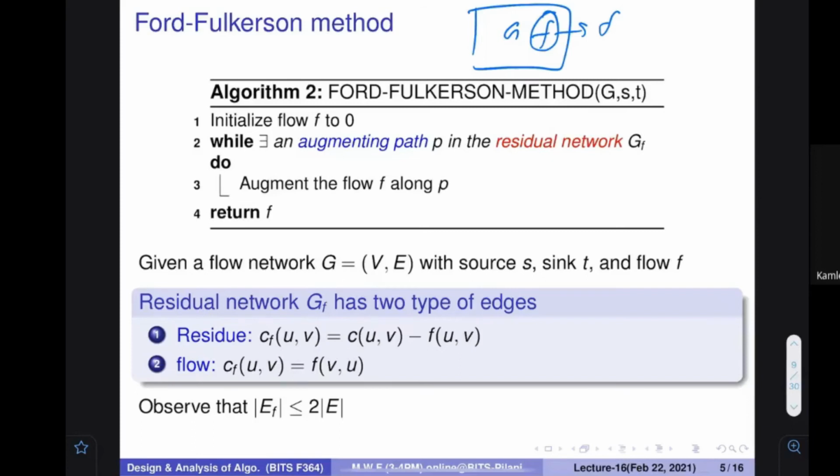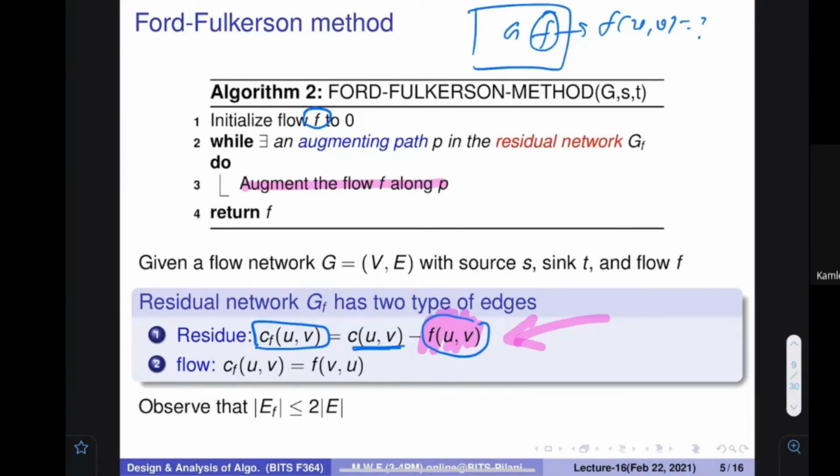If the flow is defined and you know the capacity between UV, then you can say what the residual capacity is. Initially F is 0. You start with the second part as 0. Initially it is 0, but when you are going to augment, this part is going to achieve some value, and then we can utilize this. How to utilize this we will see very soon.